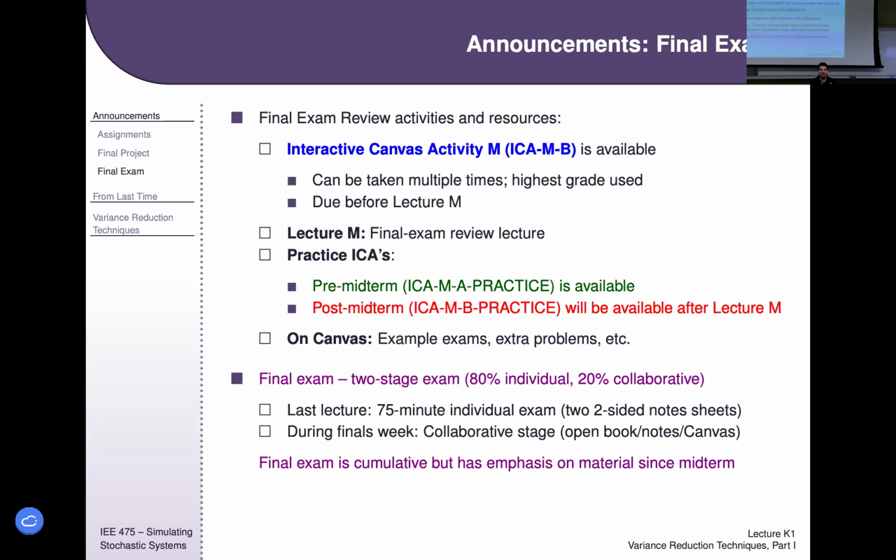Likewise, the due date for stage two will be Tuesday of finals week, but it'll be open with no penalty Monday through Friday of finals week. It's all Canvas based. Lockdown Browser for stage one, no Lockdown Browser for stage two, just like the midterm. So if you want to take it remotely, that's fine. If you have travel plans and you'd like to take it elsewhere, that's fine. Okay.